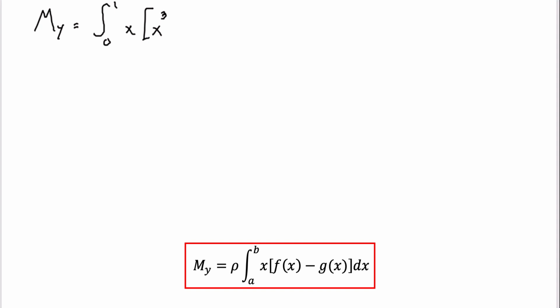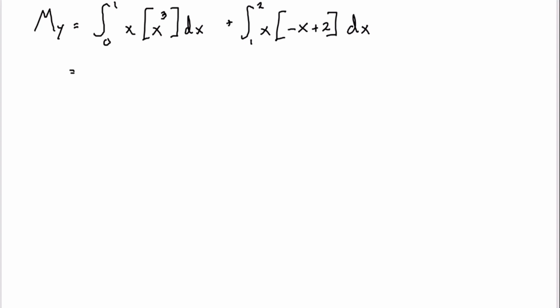Again, g of x is just y equals 0. Then dx. Then the second integral is from 1 to 2. x times negative x plus 2 minus g of x, which is just 0.